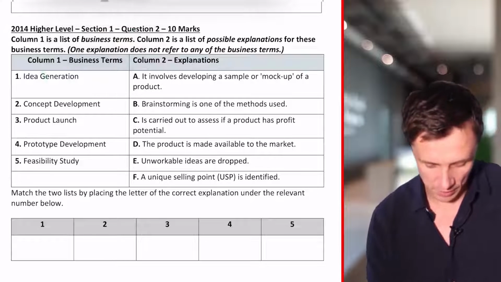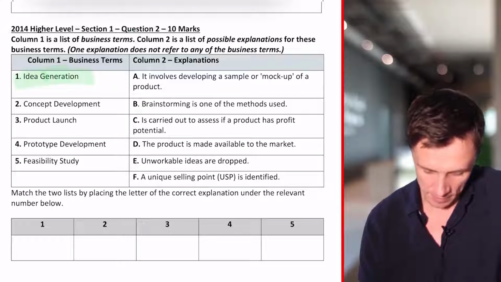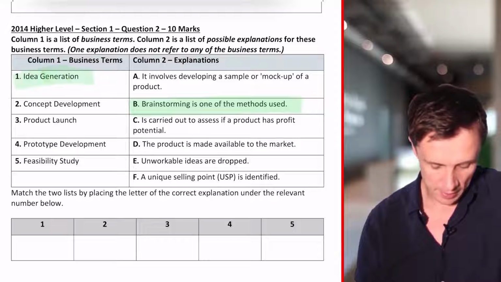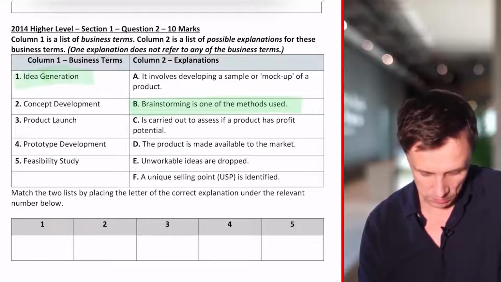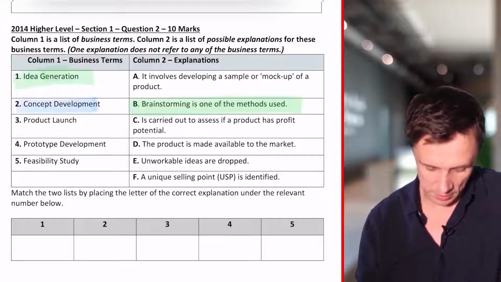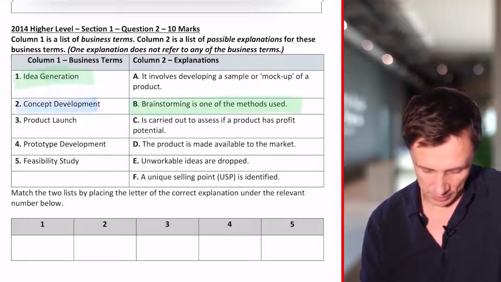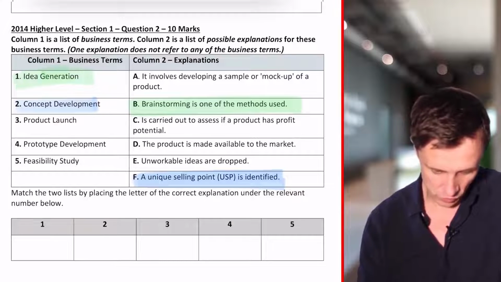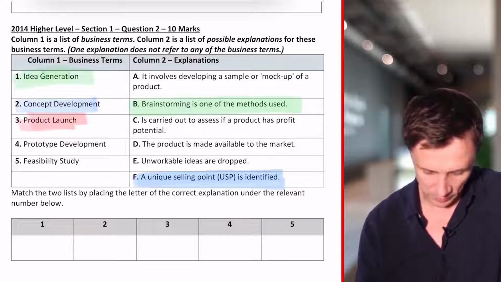So we have here the first one, idea generation. You know, brainstorming is used during the idea generation process. Then number 2, concept development. So again, that's where you will have a unique selling point. 3, product launch.